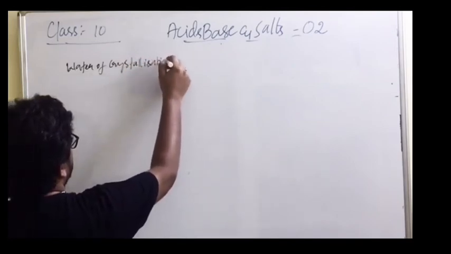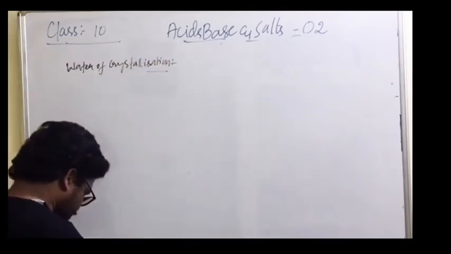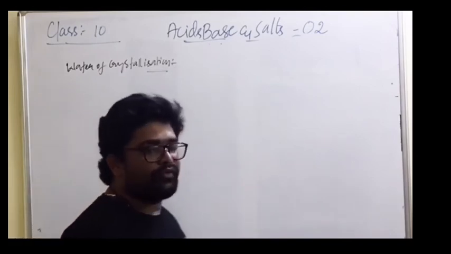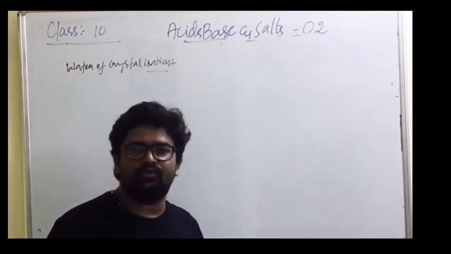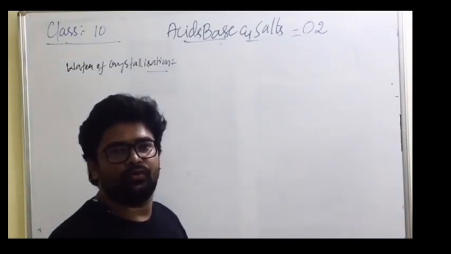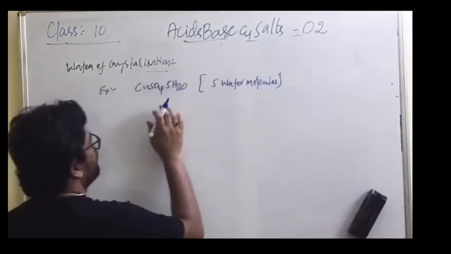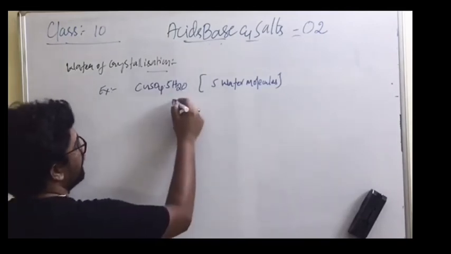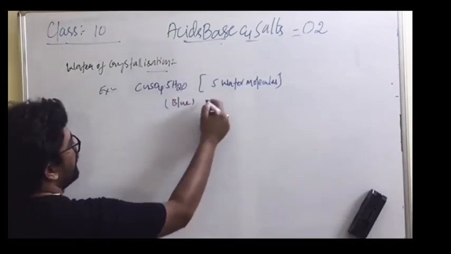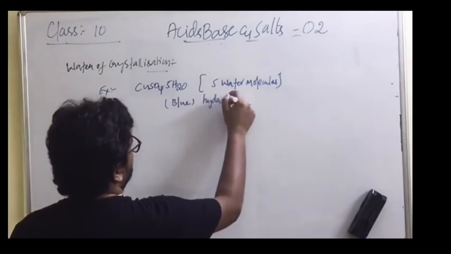Water of crystallization is nothing but a fixed number of water molecules present in a unit formula of a salt. Example, copper sulfate. The color of copper sulfate is blue, and it is called a hydrated salt.